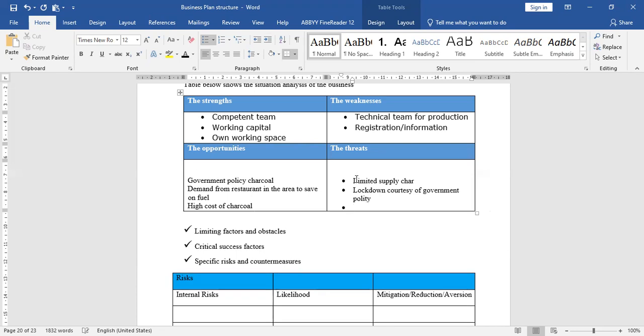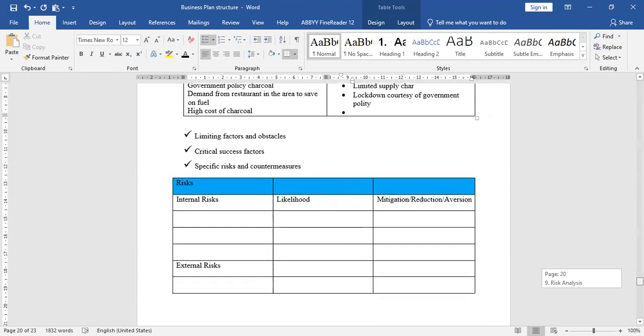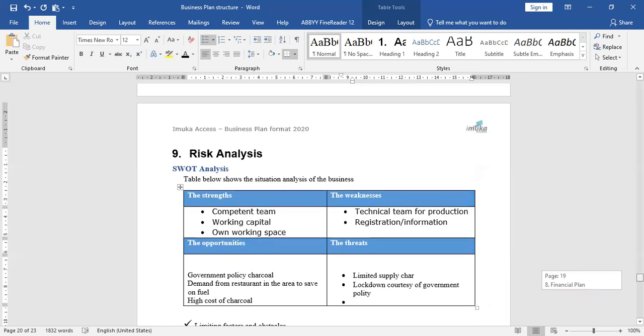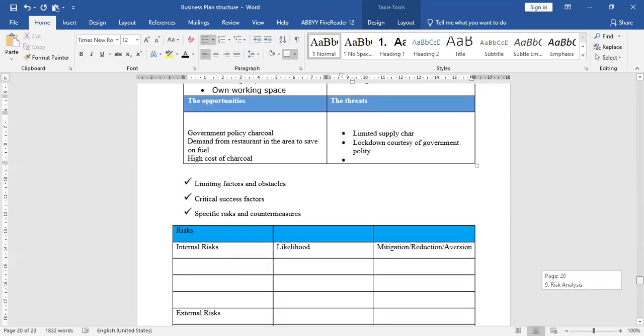Threats are external, so anything that is beyond your control. Opportunities are also not in your control, they happen. Maybe natural weather conditions, I don't know. Those are threats. I hope this is clear and you can just do that, but we shall still clarify.